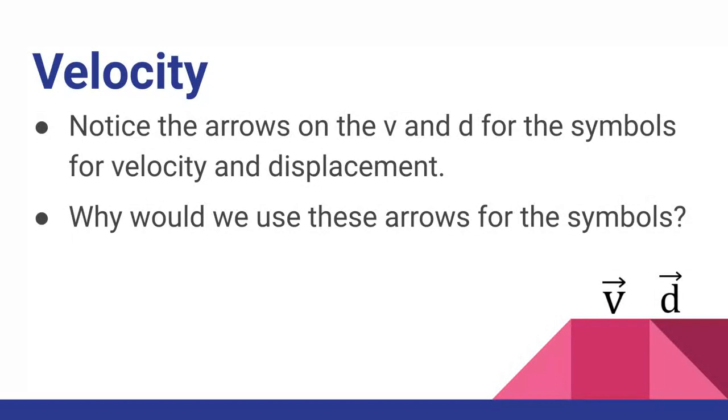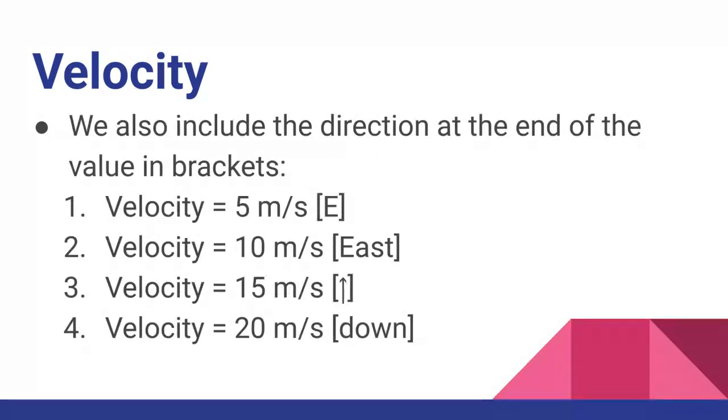Okay, so we use these arrows to indicate that this is directional, that we care about direction, that they are vector quantities, that we're working with velocity and we're working with displacement. So we're going to be doing this for both velocity and also displacement.